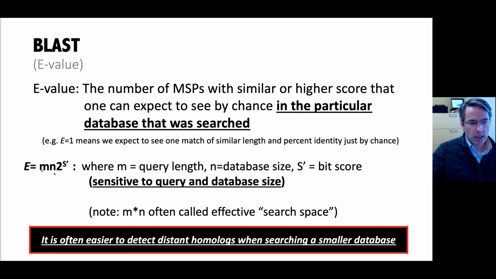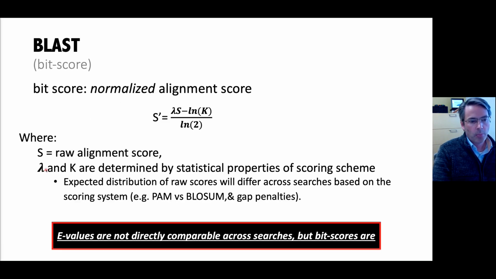If I want to say the top hit in search 1 is better than the top hit in search 2, I can't really make that direct comparison if M and or N have changed. But I can compare the bit scores. That score, how good the alignment is, is comparable as long as you scale it for the scoring matrix that you used.